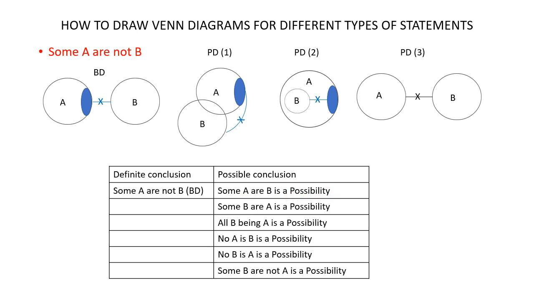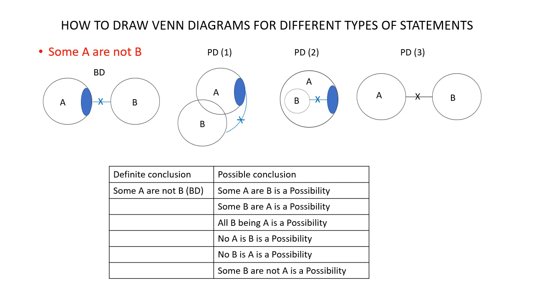Also you can see here that this portion of B is contained within A. So some B are A is a possibility. Now as seen in possible diagram 2, circle B is within this portion of A. So all of B is within A. So all B being A is a possibility.